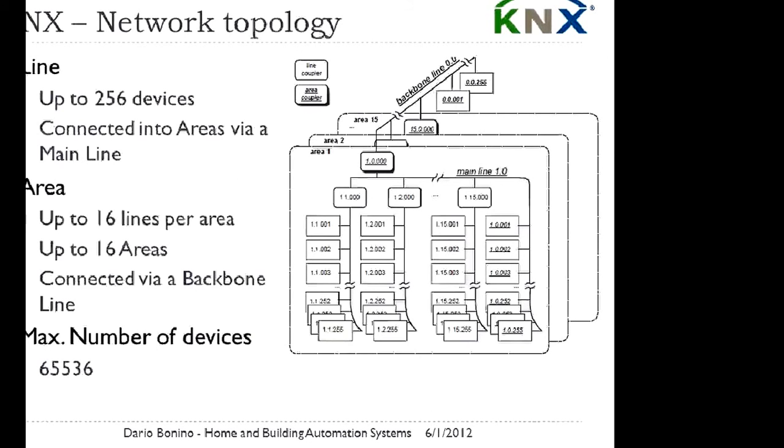And the network topology is much more complex also with respect to MyOpen. It is divided basically in two main objects. One is called line. A line is a set of up to 256 devices.